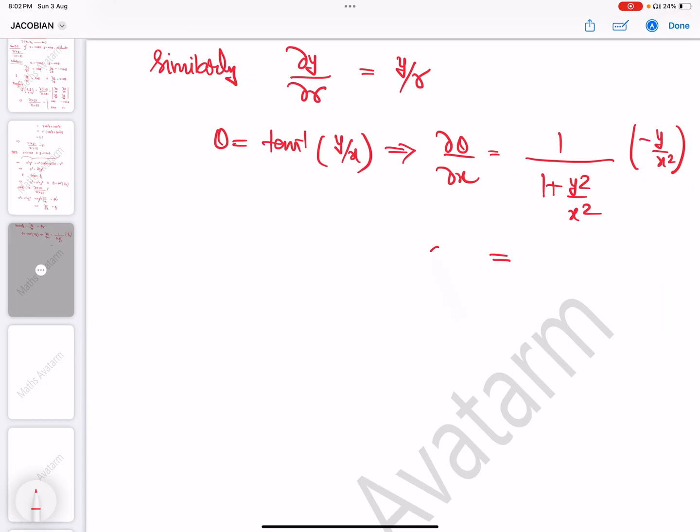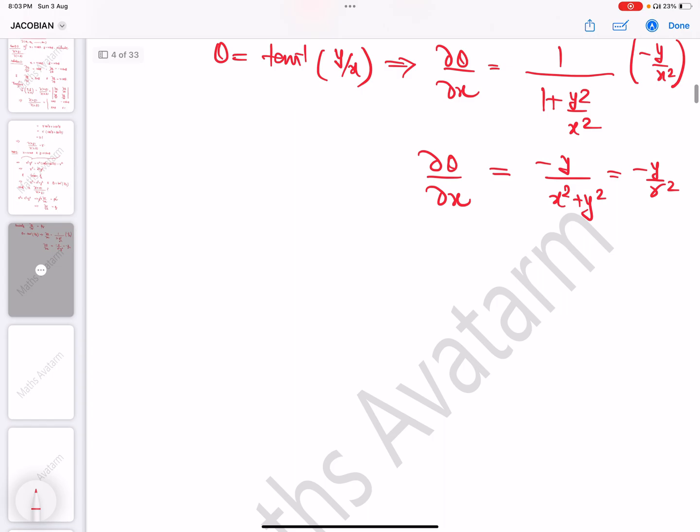So this is nothing but del theta upon del x, that is minus y upon x square plus y square. X square plus y square is r square, sorry.